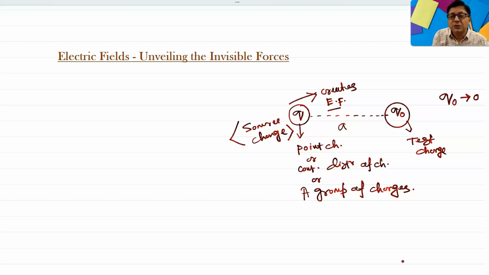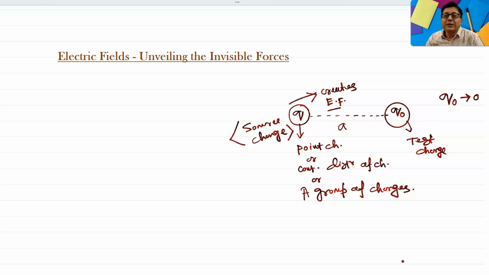So here also, this Q, actually a little bit of dissimilarity is there. Spider has limitation, but this charge will create the field which is extending up to infinity. Whenever this charge enters that field, it will experience force due to the charge Q.